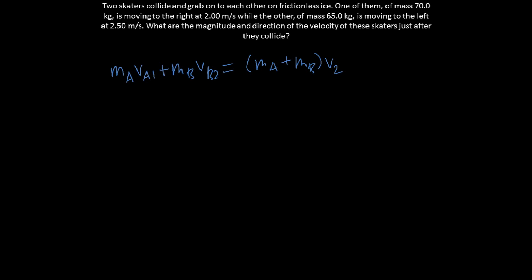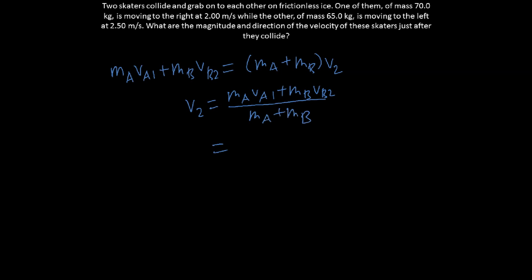So solving for V2 will give us MAVA1 plus MBVB2 equals MA plus MB.